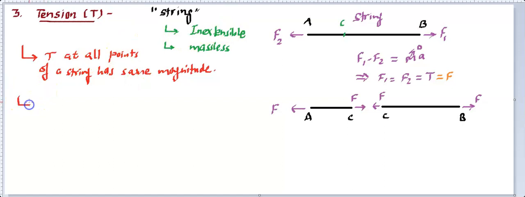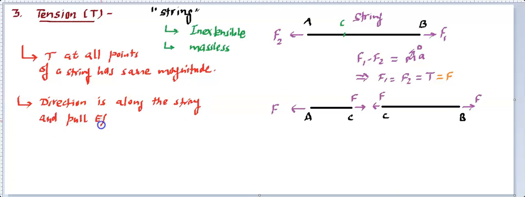Next point, let's write about the direction. This direction is going to be along the string at any point, and it will always be a pulling effort. So direction is along the string and pulling effort, and it is a pull effort, you got it.